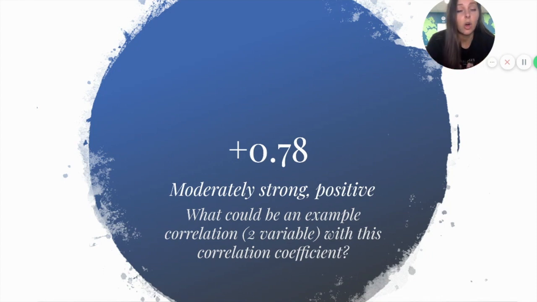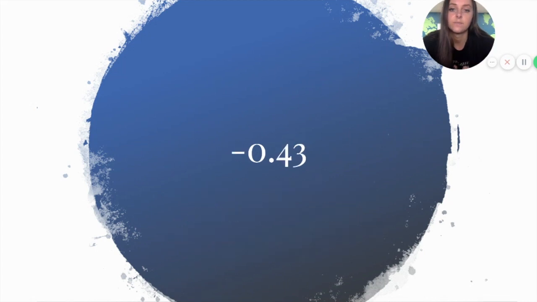Because that's not always the case, but most of the time, the taller you get, the more you weigh. Or it could go the other way. The shorter you get, the less you weigh. So just think in your mind of some examples that you could create to fit these correlations.